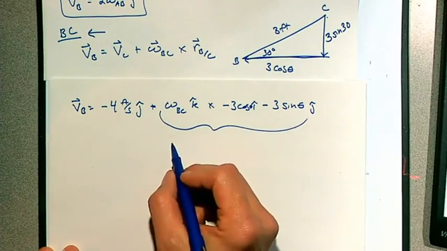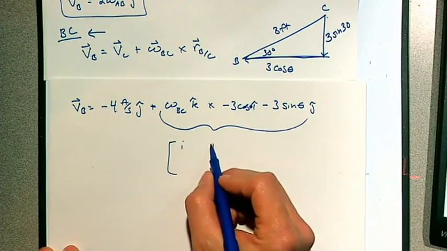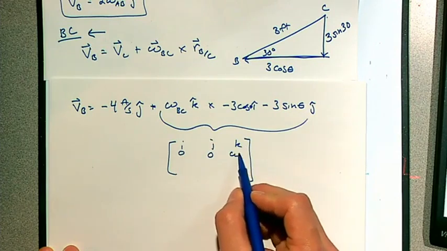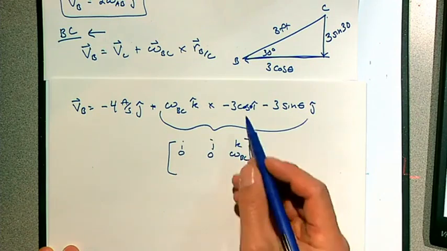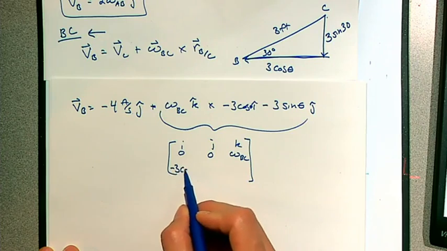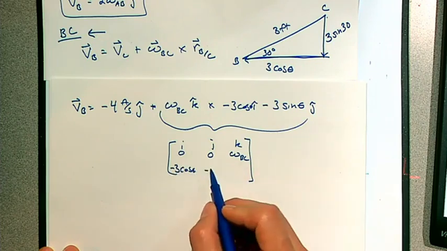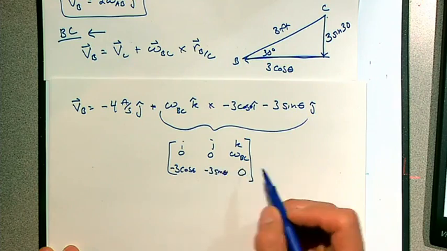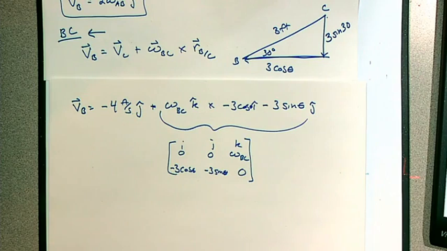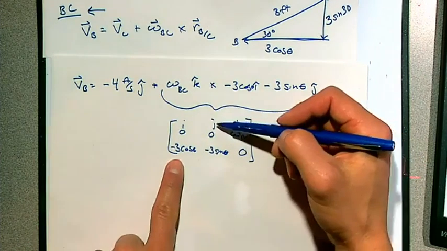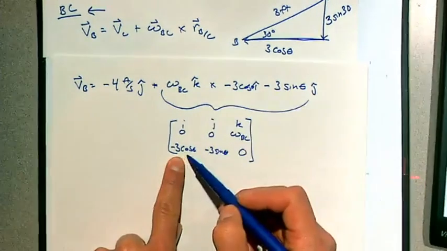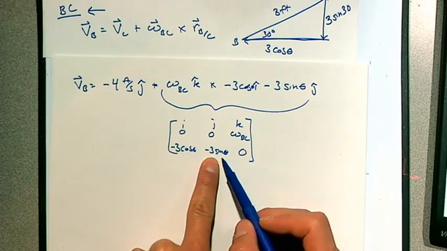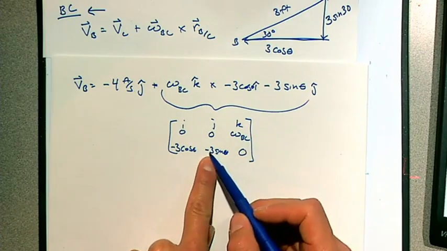If you like doing your cross products kind of old school: I, J, K; 0, 0, omega BC; minus 3 cos theta, minus 3 sine theta, and 0. Sorry, that's a little messy. My J term, I'm going to pick up 3 cos theta times omega. And then with my I term, minus 3 sine theta omega, but it'll be a minus and a minus.